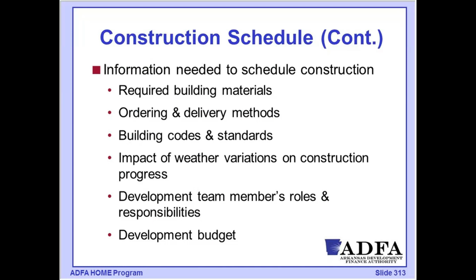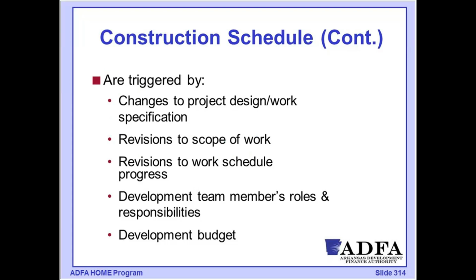As part of that, our development team roles and responsibilities. Who's going to be in charge of what? And that also relates to that communication plan, need to be laid out, and of course that development budget. So we can make sure we stay on budget. We're able to evaluate how we're doing. Are there any issues with that budget?